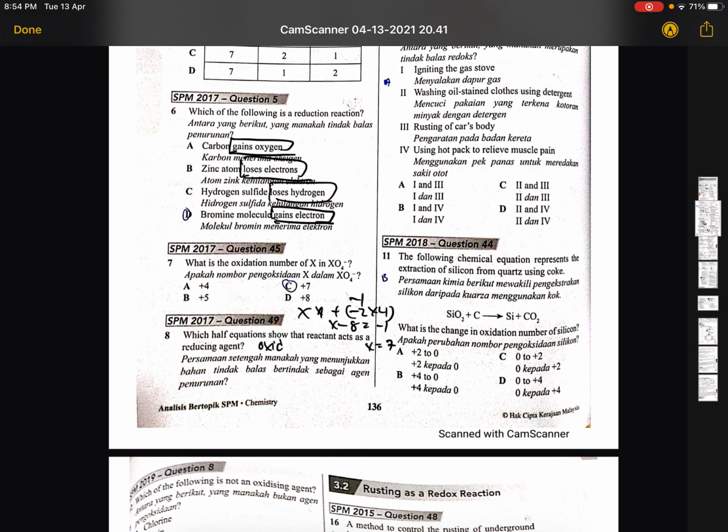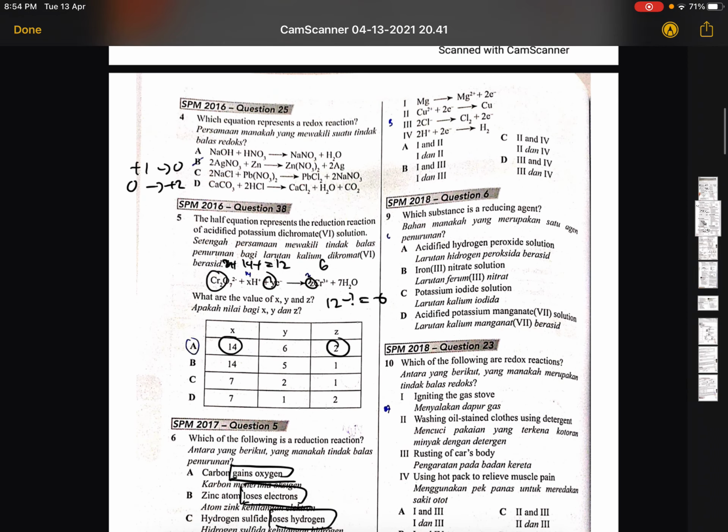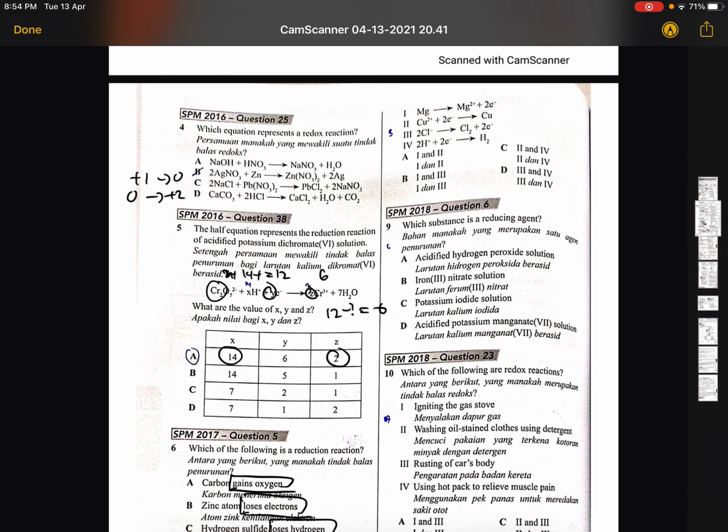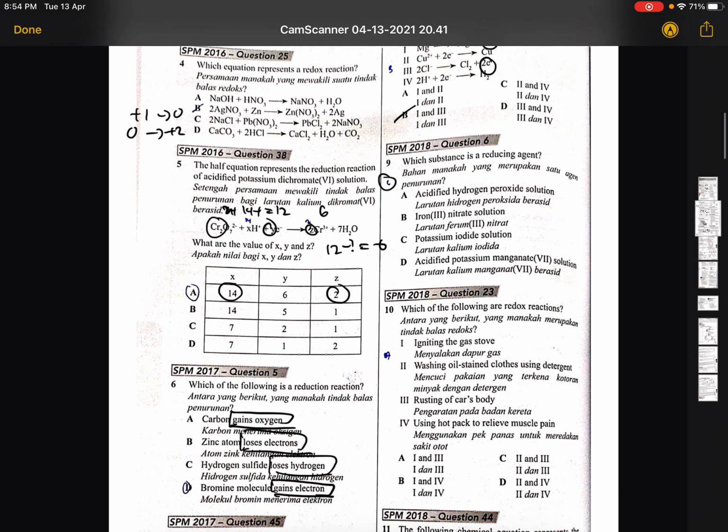When the reactant acts as a reducing agent, it means it's oxidized. Oxidized means losing electrons, so the electrons appear on the right side because the electrons are sent out. Since they're not accepted, they're sent out. So 1 and 3 are on the right side. So the answer is B. I have the answers here, by the way, to double check.